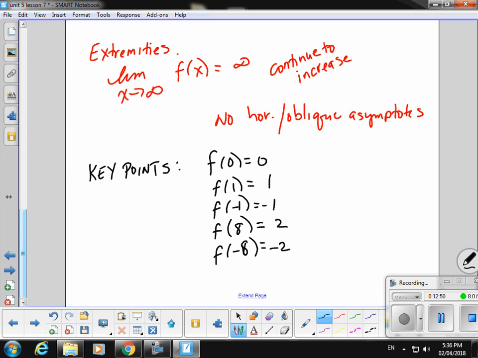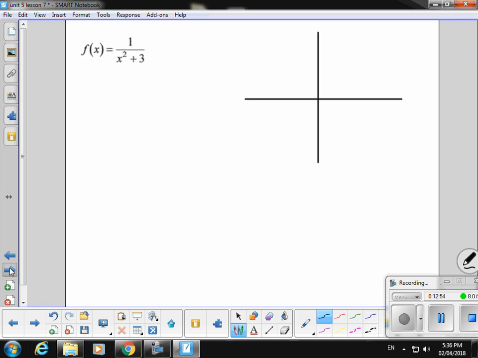Let's do 1 over x squared plus 3. So let's walk through our steps. Number 1 is we are looking for discontinuities. This one, there are no vertical asymptotes. There are no places where the denominator is 0.